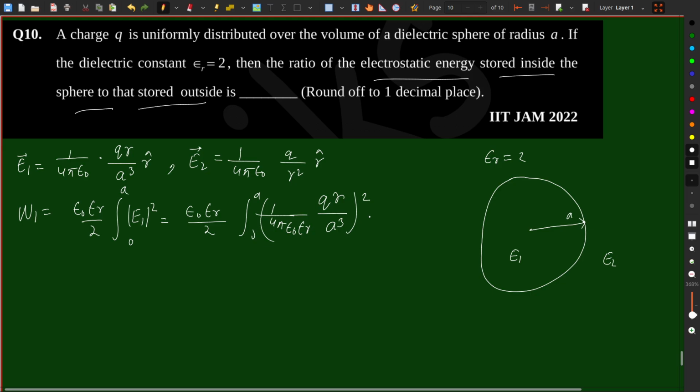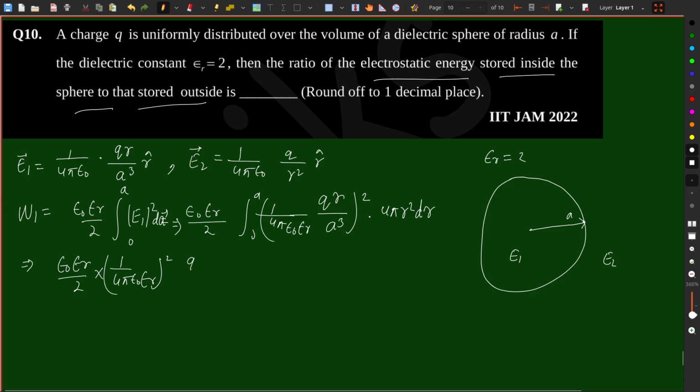Okay, and here dV will be 4 pi r square dr. So epsilon naught epsilon r divided by 2 and 1 over 4 pi epsilon naught epsilon r, this whole square, Q square over a to the power 6 will come outside, 0 to a, r square into r square dr.